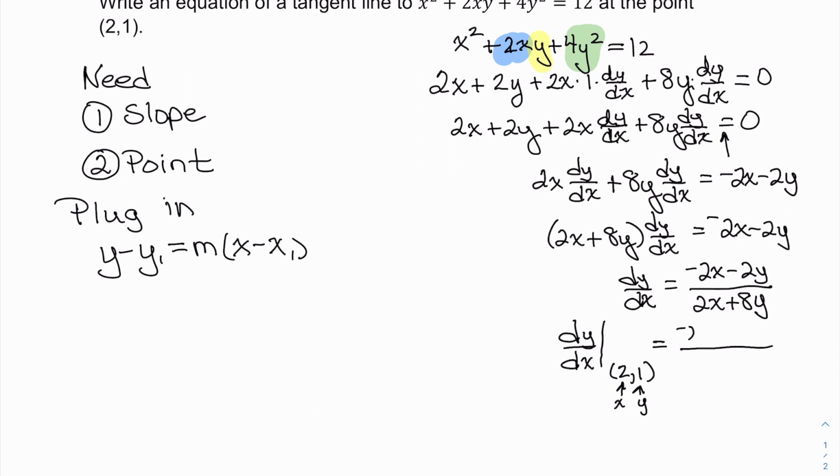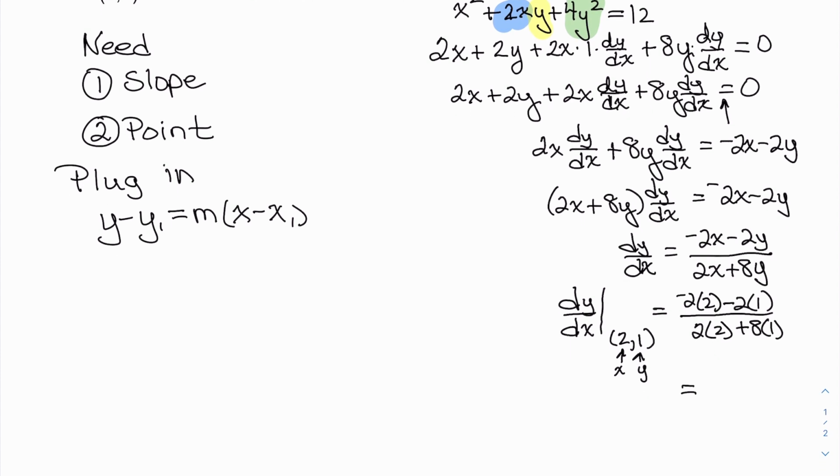So I have negative 2 times 2 minus 2 times 1 over 2 times 2 plus 8 times 1. That gives negative 4 minus 2, which is negative 6, over 4 plus 8, which is 12. So dy/dx evaluated at (2, 1) is negative 1/2, and that is the slope of my line.